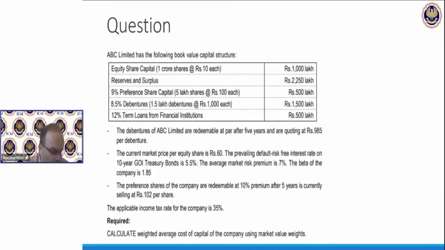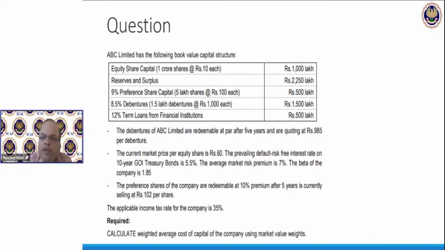Now, here also we are talking about two types of debt, right? One is 8.5% debentures and the other 12% term loans. Then we are saying debentures are redeemable at par after 5 years and are quoting at 985. And the current market price per equity share is 60.